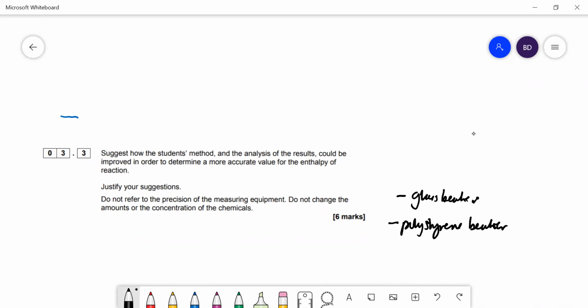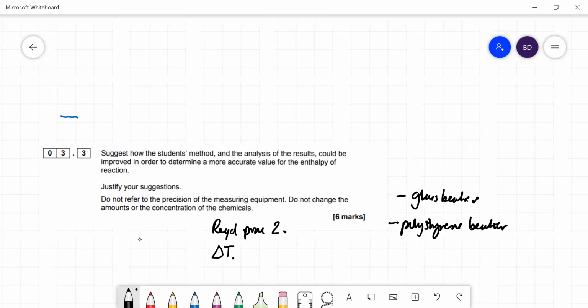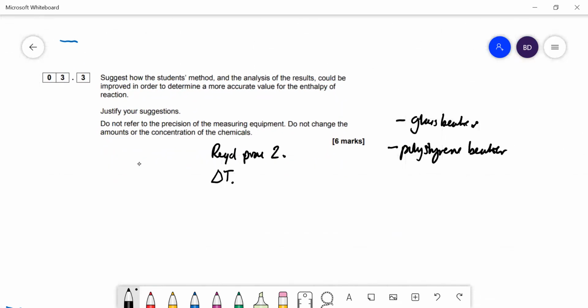So what can you do to improve this experiment? Well, what they're trying to get at is we go back to required prac 2. When you work out delta T, it's not a very good idea just to measure the temperature before and then the highest point it gets to. So what you should do is measure the temperature every minute for 3 minutes of the zinc sulfate solution before you add the magnesium.